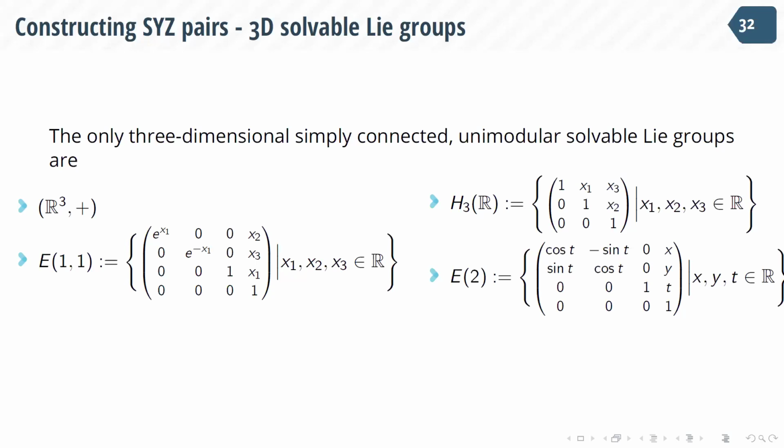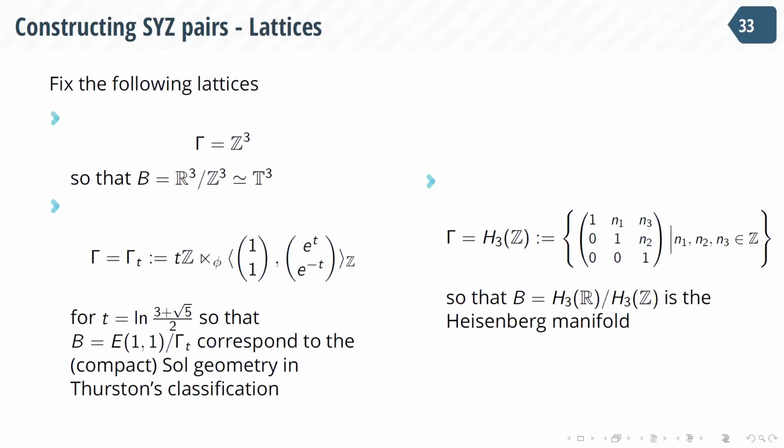So for the first three Lie groups, we fix a lattice. In the first case, we obtain a torus by choosing the subgroup of integer entries inside the Heisenberg group. We obtain the Heisenberg manifold by quotienting.